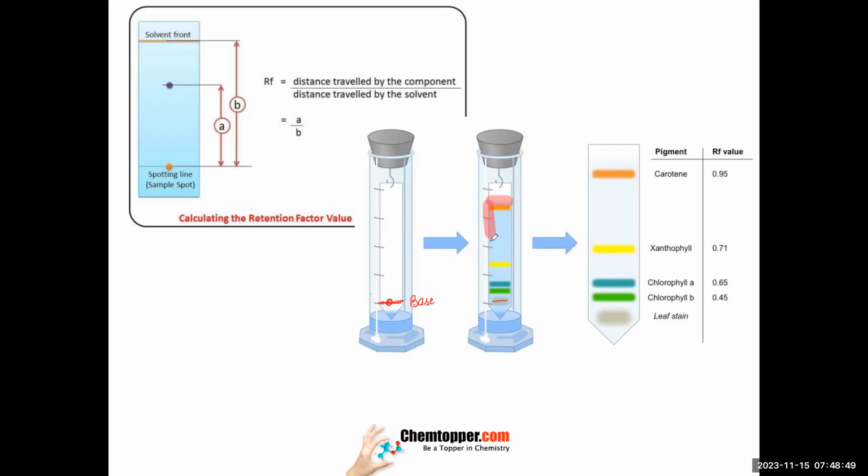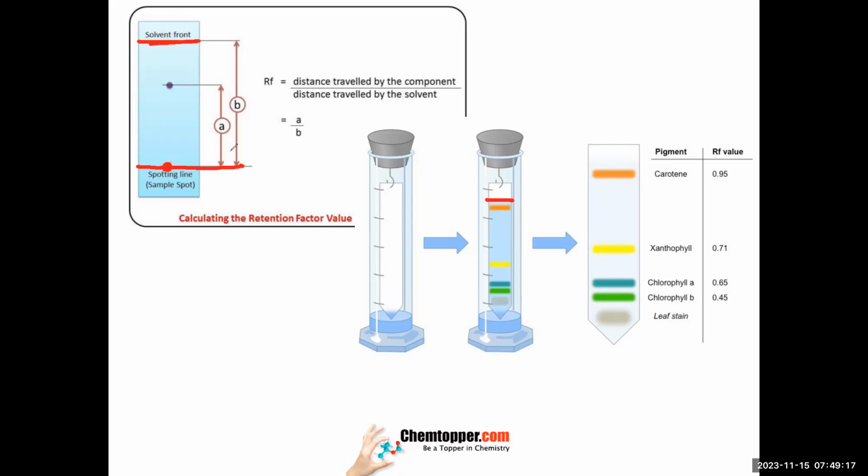This is the distance traveled by the solvent. The solvent here has traveled this distance. So the topmost line is called as solvent front. See, solvent front. This line is called as baseline, where you put the mixture.